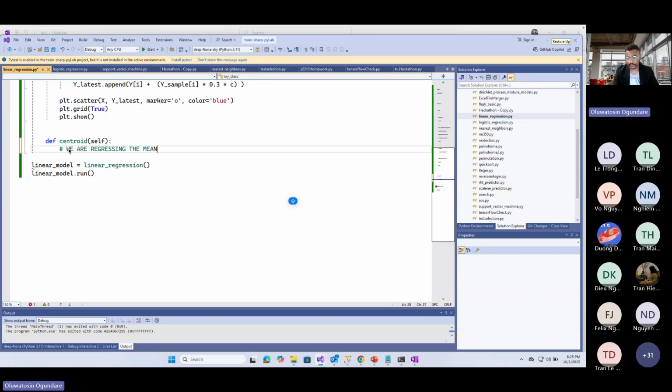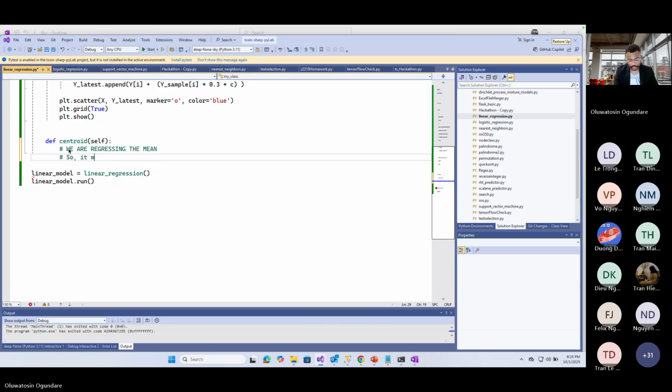The mean. So it makes sense to first calculate the mean of X, the mean of Y, and using that and using simple algebra, determine the slope.